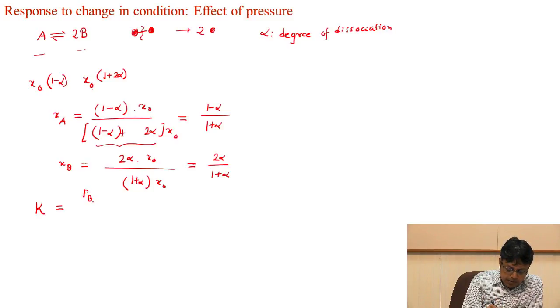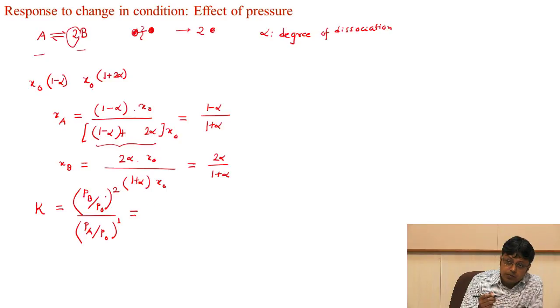It is PB by P0, squared because in the stoichiometry we have 2, and divided by PA by P0, raised to 1 only. We can now expand it. Partial pressure is mole fraction into total pressure.